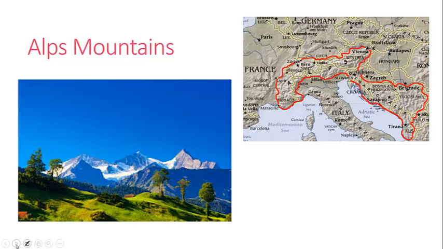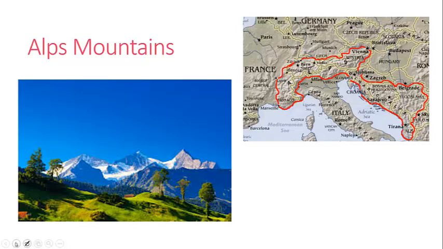Another mountain range that we're going to look at is the Alps mountain range. It's really famous, and people often go skiing here. It's in the northernmost part of Italy, and it runs all the way down a part of the Adriatic Sea and up into Vienna, Austria, and gets up into France and the borders of France and Germany.